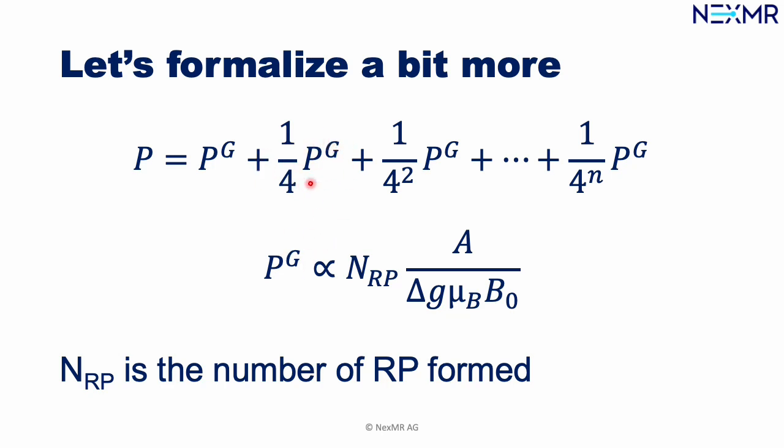Here it's not PG, this is the free radical pair polarization overall, and because those next cycles of radical pair mechanism will add up polarization, and for one cycle of hyperpolarization, which is a radical pair mechanism, the amount of hyperpolarization will depend on the number of radical pairs that you formed earlier with the triplet state photosensitizer and the molecule M, and times the hyperfine coupling divided by the difference in g factor and the magnetic field.